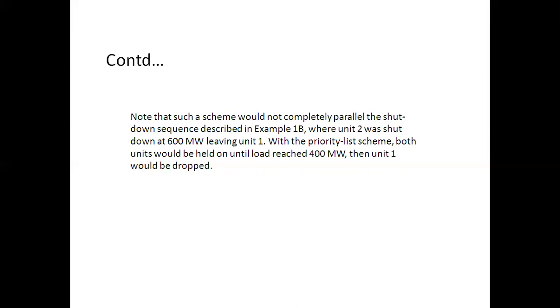Until the load drops to 400 megawatt, we have to run both units, unit 1 and unit 2. Then unit 1 should be dropped and unit 2 should be in the running condition.